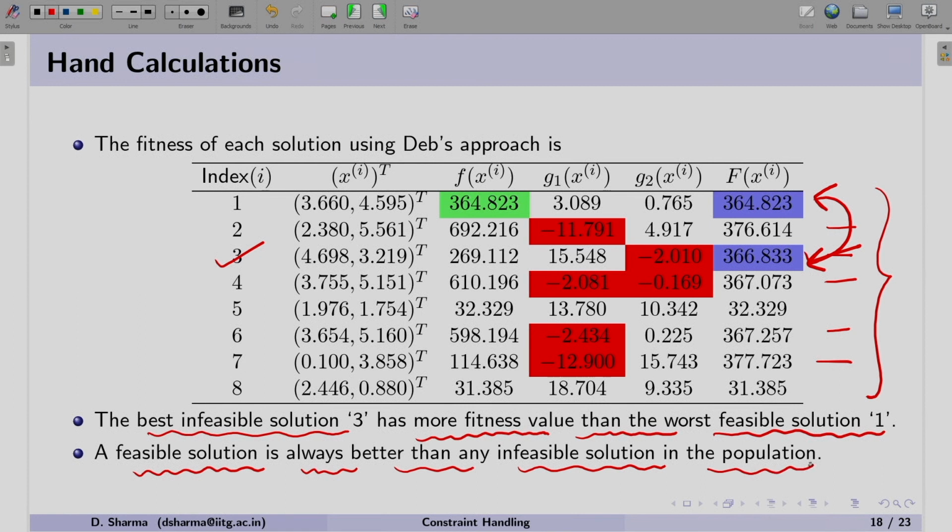So, there are certain differences which we can find between the two approaches which we have gone through. In Deb's approach, first of all we are considering the F max, there is no penalty parameter called R, and we do not consider the objective function value of infeasible solution. In this case, when we use Deb's approach, the infeasible solution will not get a better fitness value than any of the feasible solutions.